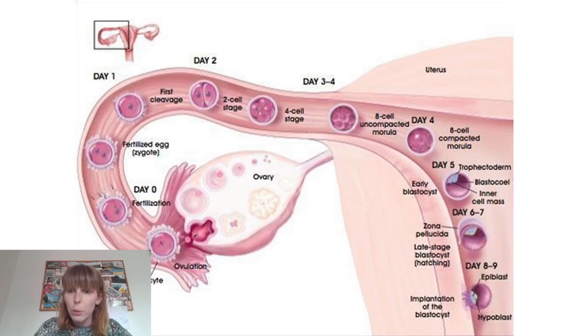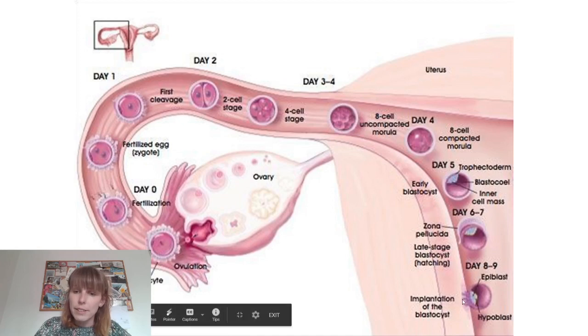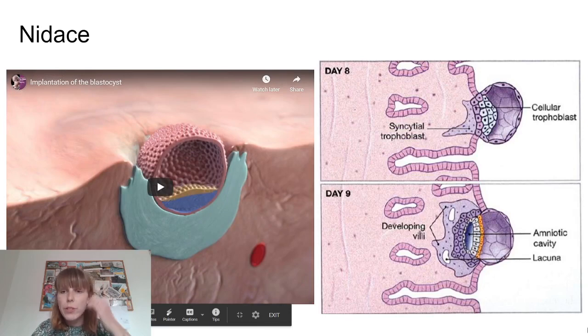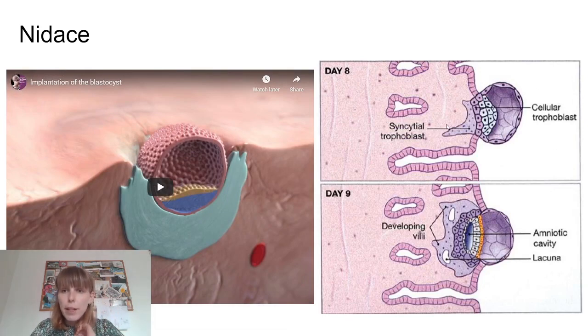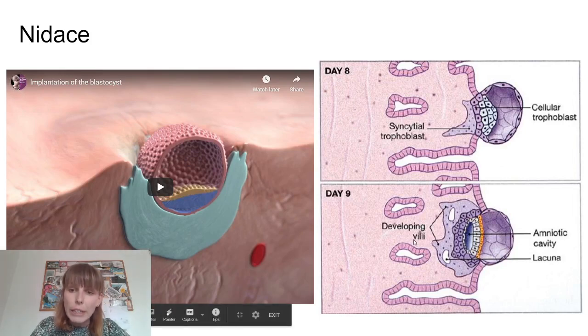So here we will be talking about what happens to the blastocyst and how it integrates itself with the lining of the uterus, which is the endometrium that we also talked about last time. The process in which the blastocyst sits on the wall of the uterus and starts building itself into it is called nidation.